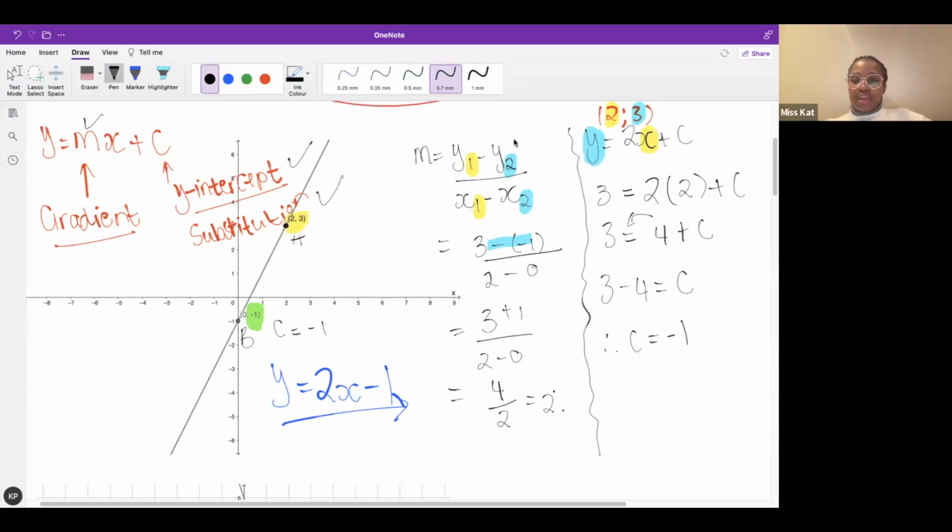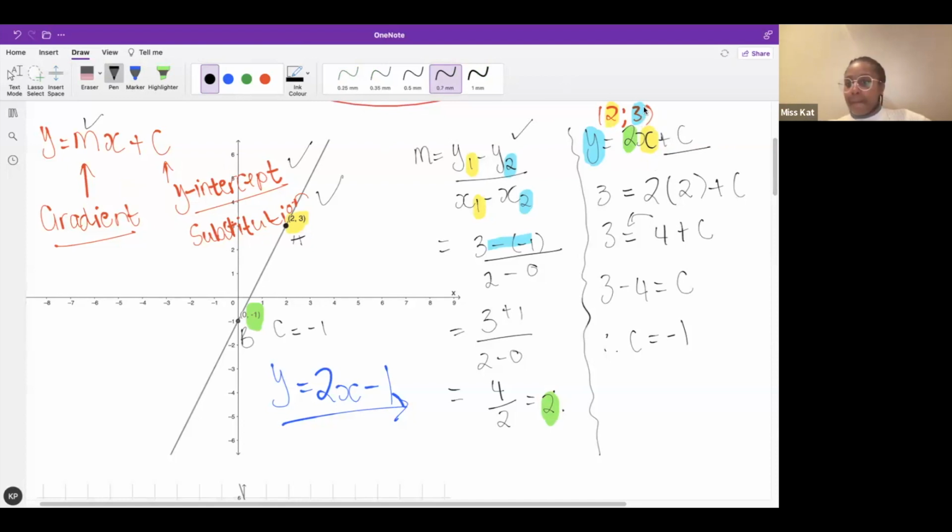Did you understand the gradient part? Let's do a checklist. Yes, I did. Okay. Now, Nosisa, we take the gradient that we just found here. We found that the gradient is 2, right? Yes. And we put it into our formula. Substituting. Now we have C left, and we want to know what C is. So you need to take a random point on the graph. Now I chose 2 and 3.